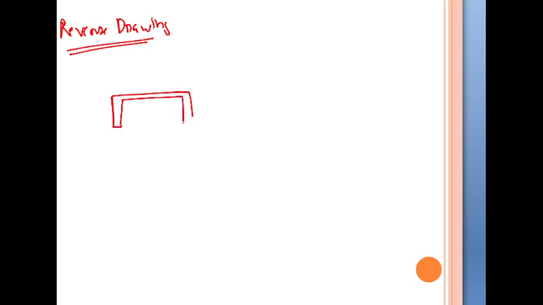Now the last drawing operation is reverse drawing. What will happen in case of reverse drawing operation? We will be having a shell, let's say this is the shell or article which is already produced by deep drawing operation. So what we'll do here is that we will invert it and again punch it.